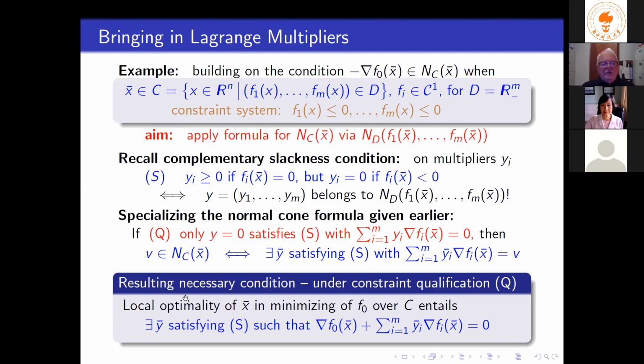And then it comes out, and we state it in the more normal way here, as a necessary condition that under that constraint qualification, which there are many ways to say, it's classical, but it also coincides with the Mangasarian and Fromovitz constraint qualification. It's in the dual form. That the local optimality of an x, in this nonlinear programming case, entails the existence of those multipliers giving this condition.